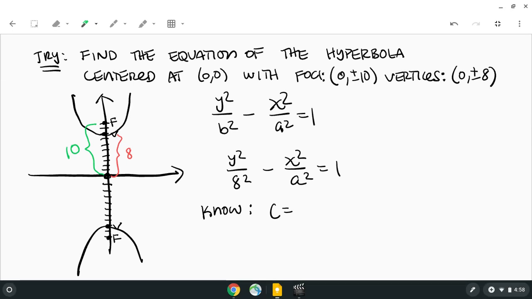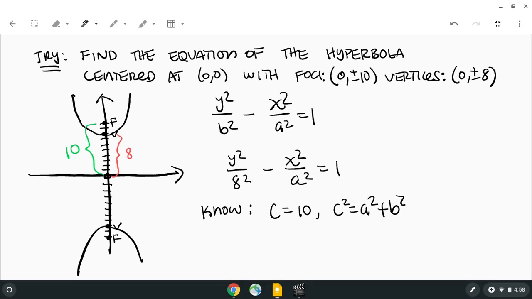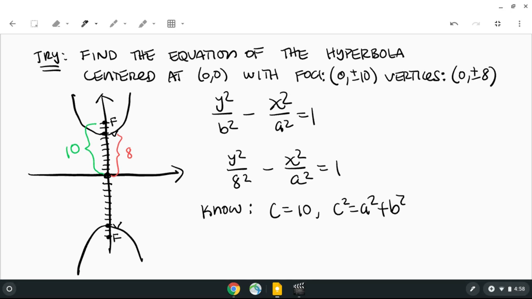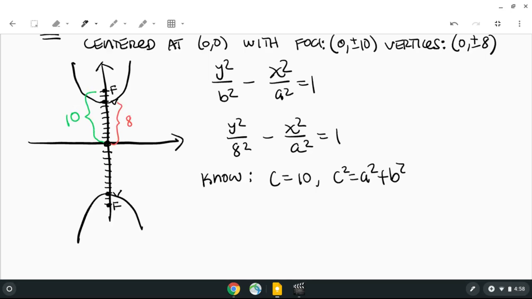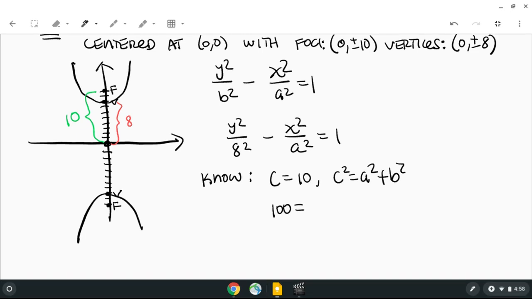So now I can use that Pythagorean formula. We know c is 10, and we also know the formula. So then now I can solve for b. No, I'm solving for a. C squared, so that's going to be 100. A squared, we don't know, plus b squared.